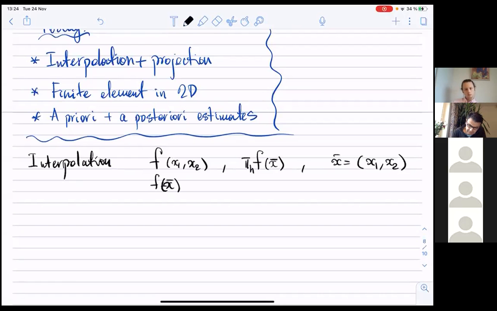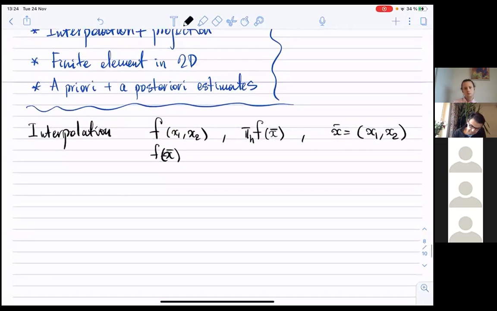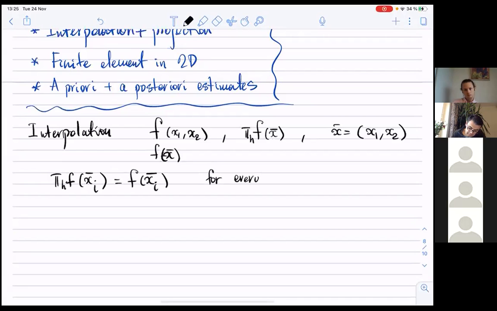So we say that pi h f is the interpolant of f if pi h of f is equal to f at every nodal point. So it equals f of xi at every nodal point, for every i equals 0 all the way to n. Remember, we had n nodal points.